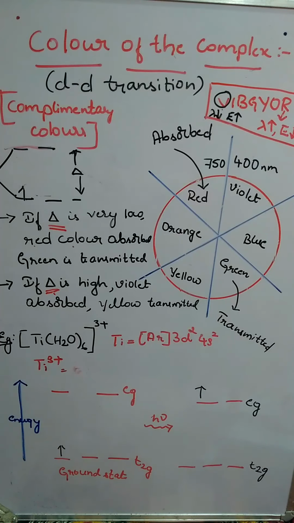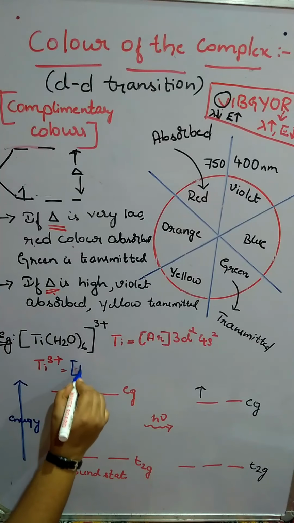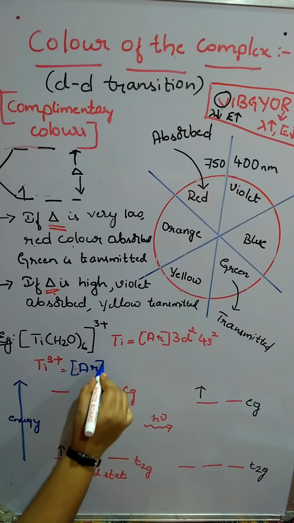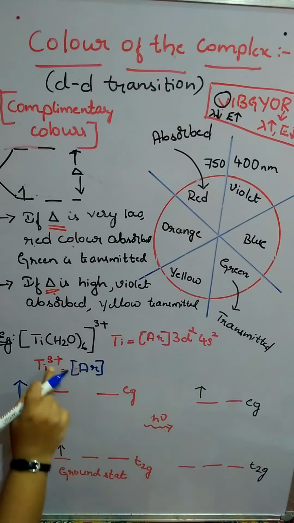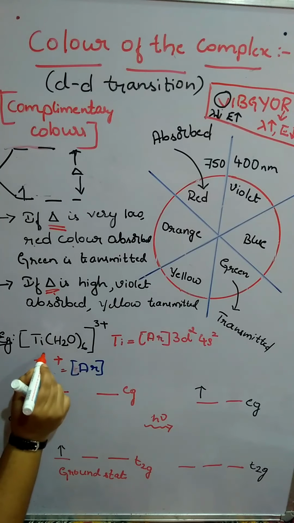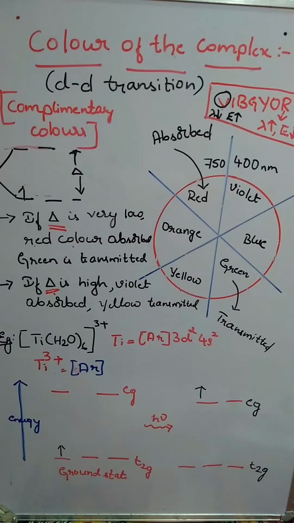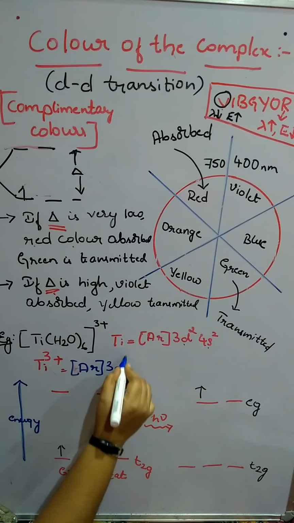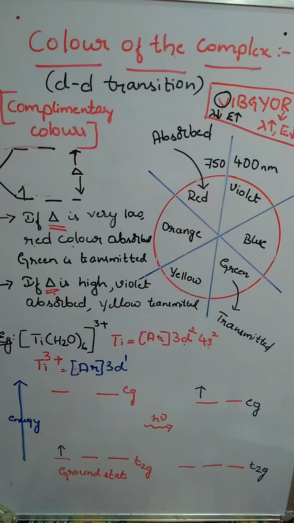In the 3+ state, the electronic configuration changes. You should remove 3 electrons, 2 from 4s and 1 from the 3d level. The electronic configuration becomes argon 3d1. So only one electron is present.